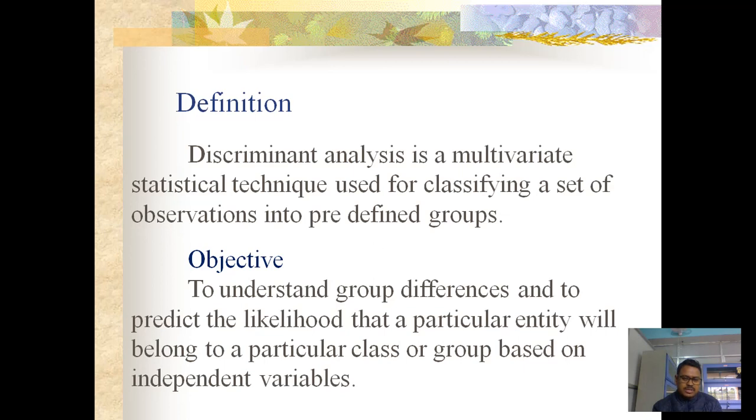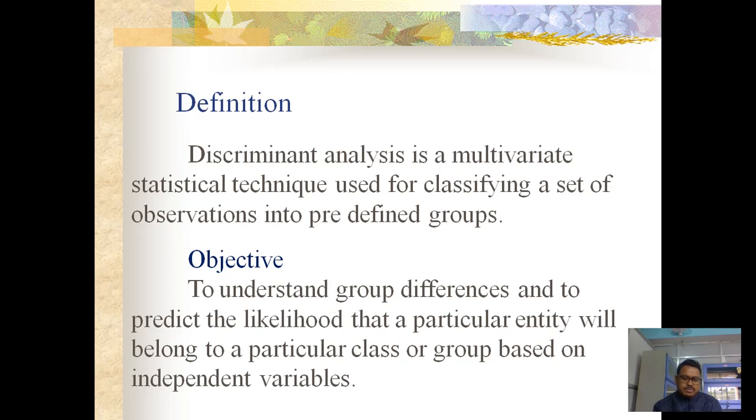So based on some predetermined criteria or characteristics, the set of observations will be classified into certain group members, and it will be concluded that that particular observation belongs to a particular group. So one compulsory requirement for discriminant analysis would be to say that there has to be either two or more groups.